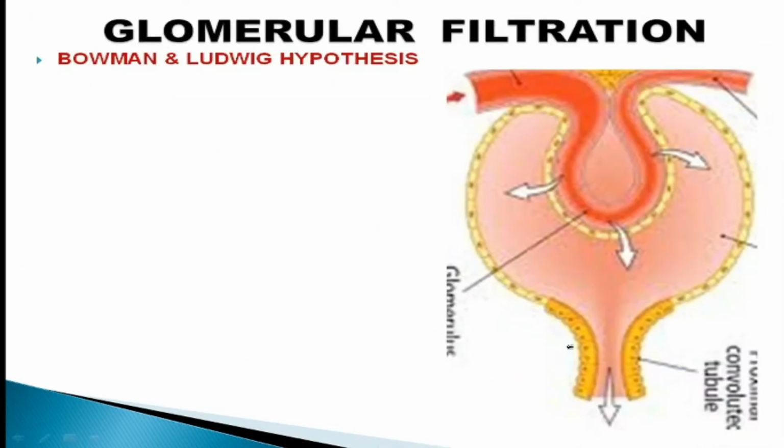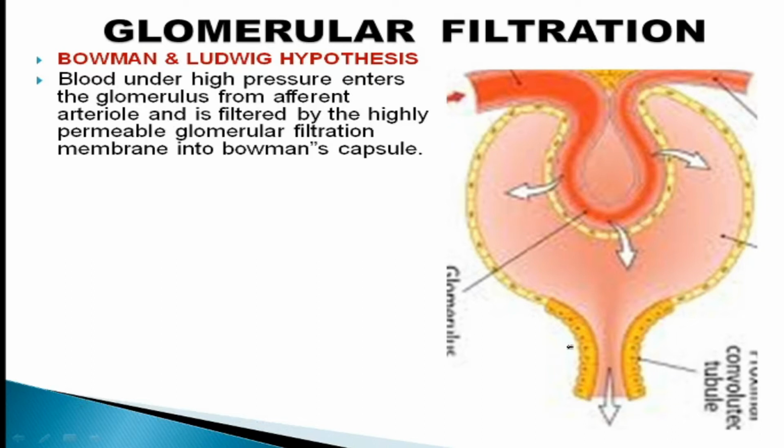Now, what glomerular filtration actually is and how it occurs is explained by a hypothesis known as Bowman's and Ludwig's hypothesis. It says that blood under high pressure enters the glomerular capillaries from the afferent end, and this blood under high pressure is filtered across highly permeable glomerular capillaries into the Bowman space.